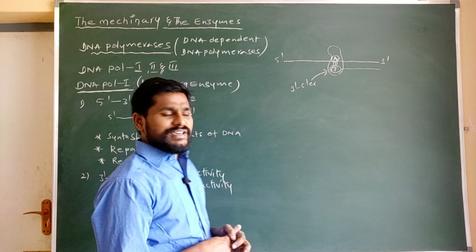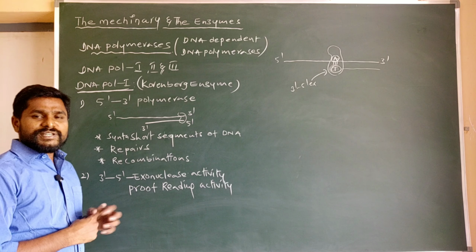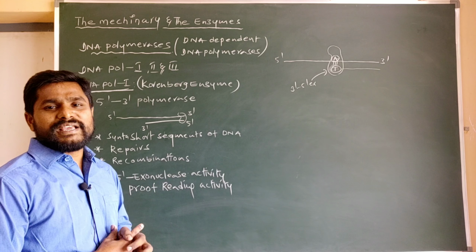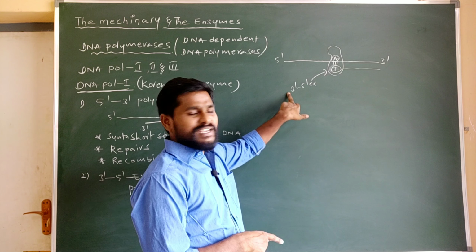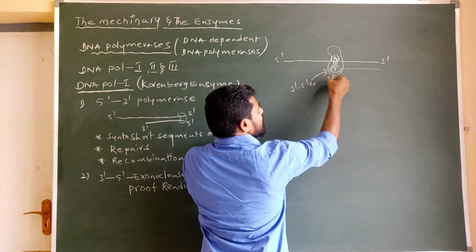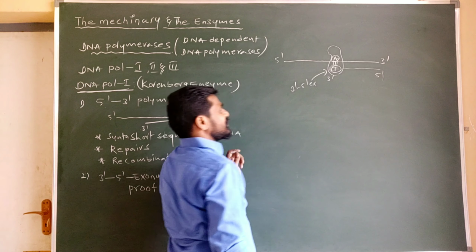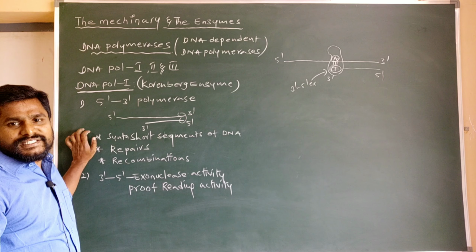In such a way, this 3' to 5' exonuclease activity is involved in a proofreading mechanism during replication. It is removing the nucleotides in 3' to 5' direction, hence it is 3' to 5' exonuclease activity.